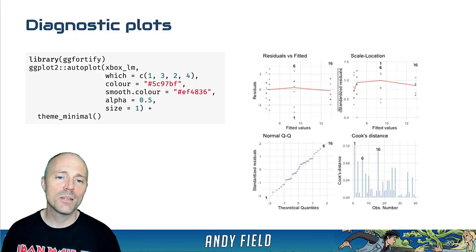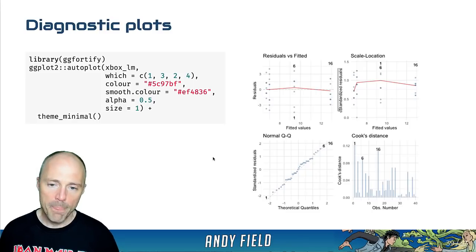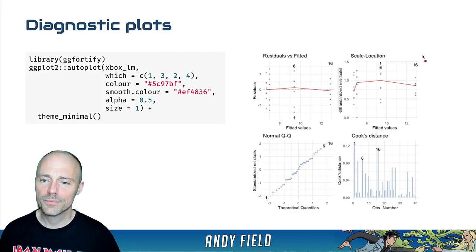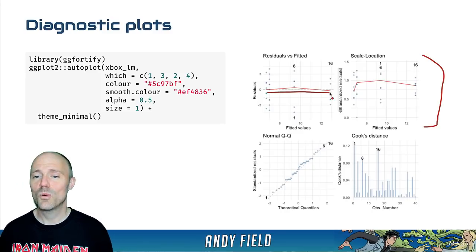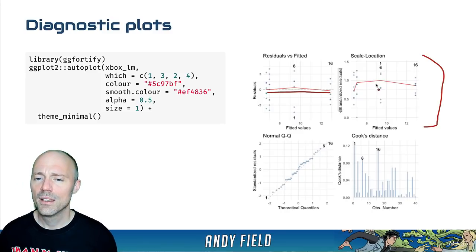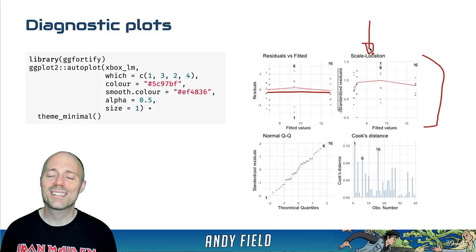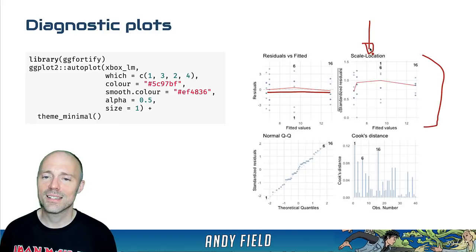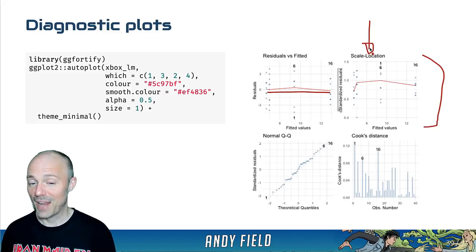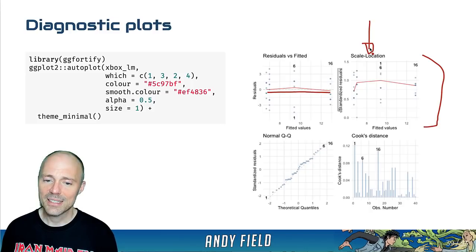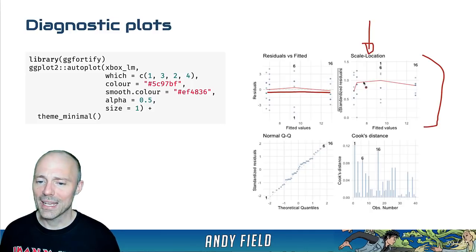Because this is a linear model, we can look at diagnostic plots in exactly the same way as we have with other linear models. This shows us, for example, the residual plots at the top. Bearing in mind the lines here are supposed to be fairly flat, that's not too bad. The plot on the right-hand side at the top is more sensitive to heteroscedasticity than the one on the left, and it's looking a bit less flat, but it's not too bad.